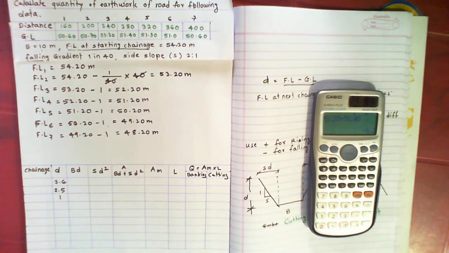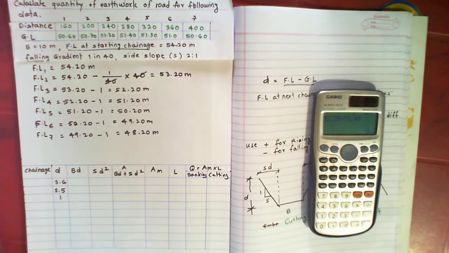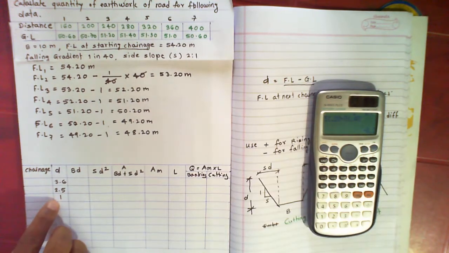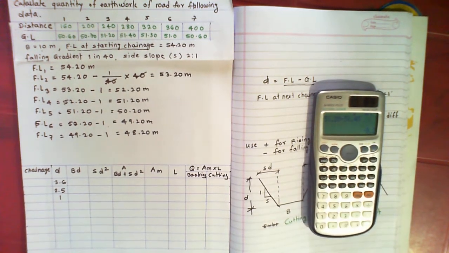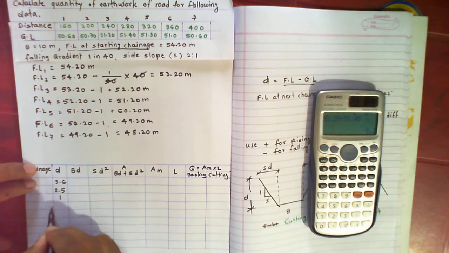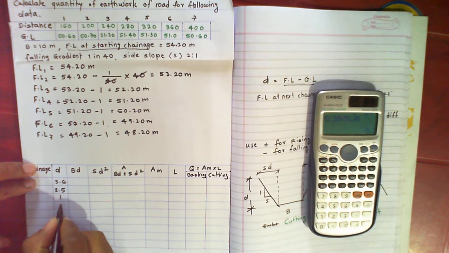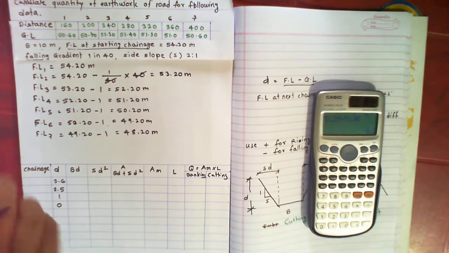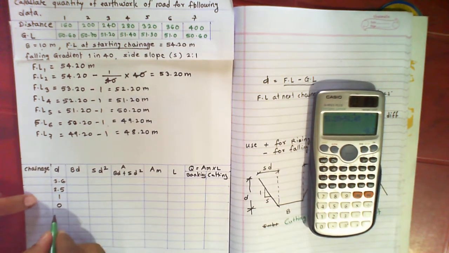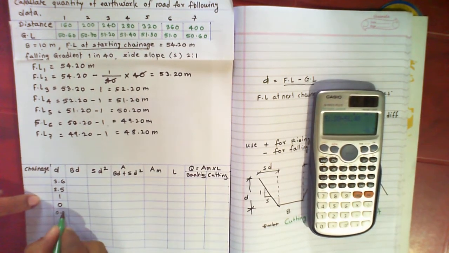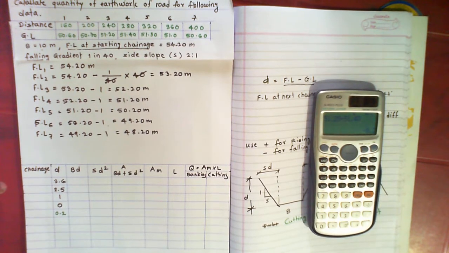So it means that there is 0 between this plus 1 and this minus 0.2. So I will leave this place blank for zero depth. So I will write here 0, and then this minus 0.2, that is 0.2.